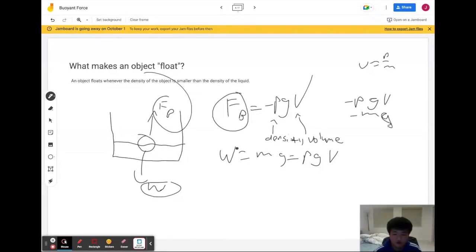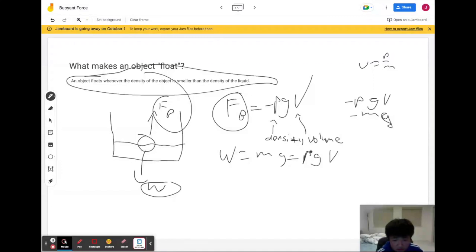The only way for this force to be larger than this force is if the density is larger, because the volume, like we established earlier, has to stay the same. So only if the density of this object is larger than the density of the liquid does the object sink. So you may have heard this before: an object only floats whenever its density is smaller than the density of the liquid.